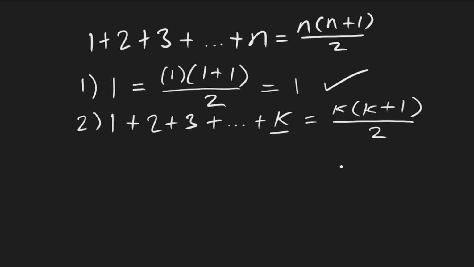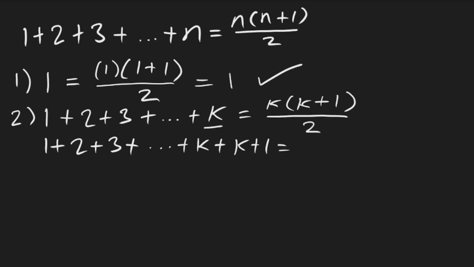Okay. Now that we suppose this to be true, we're going to try to show that p of k plus 1 is true. 1 plus 2 plus ... plus k plus k plus 1 equals, and I'm going to move this a little bit to the right here so I have a little bit more room.